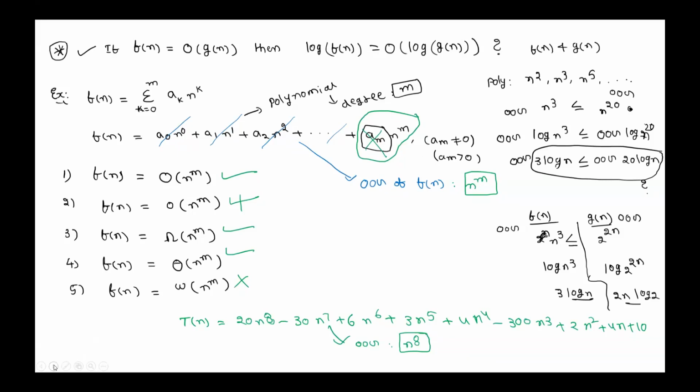Now, one more example. Say we have 4 functions such that f1 of n is big O of g1 of n and f2 of n is big O of g2 of n.